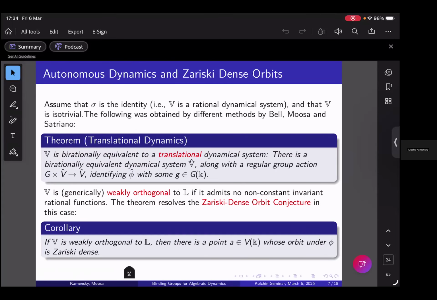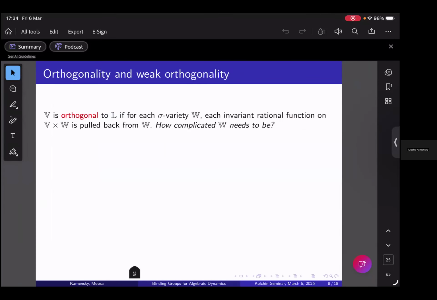What is non-weakly orthogonal? Orthogonal means that you don't have an invariant rational function even after a base change. Now, of course, if you base change to W, then W itself could have invariant rational functions, so we want to ignore them.